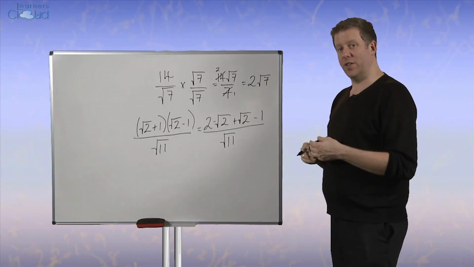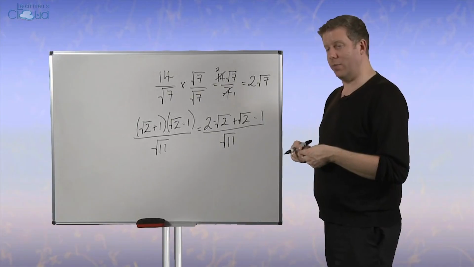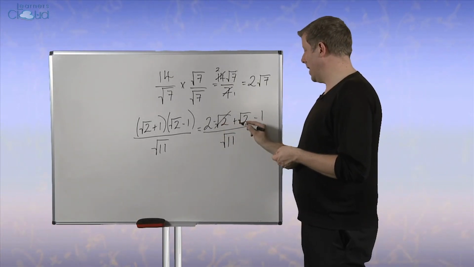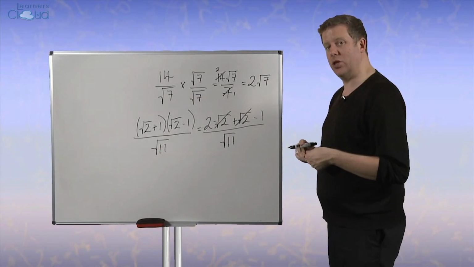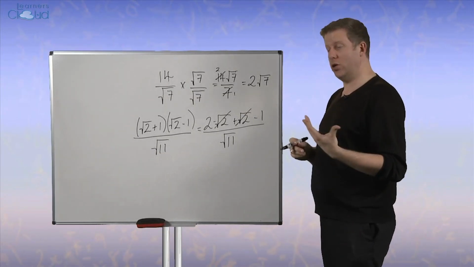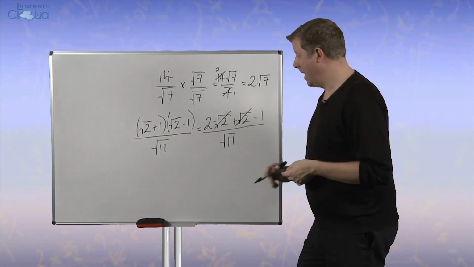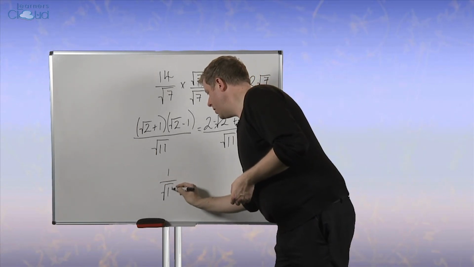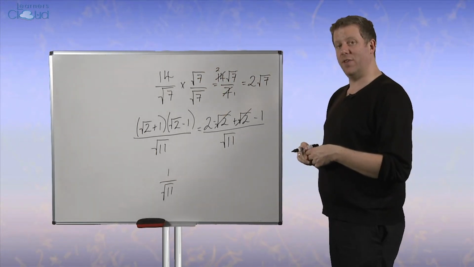Now, if we simplify the top before we rationalise the denominator, you see that this negative root 2 will cancel with this positive root 2, leaving us just with 2 subtract 1 on the top, giving us a final simplified answer of 1 over the square root of 11.